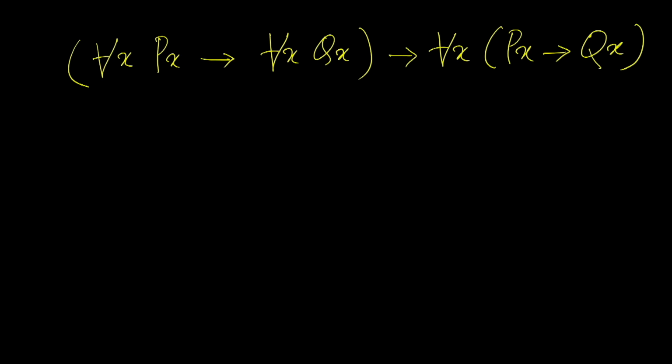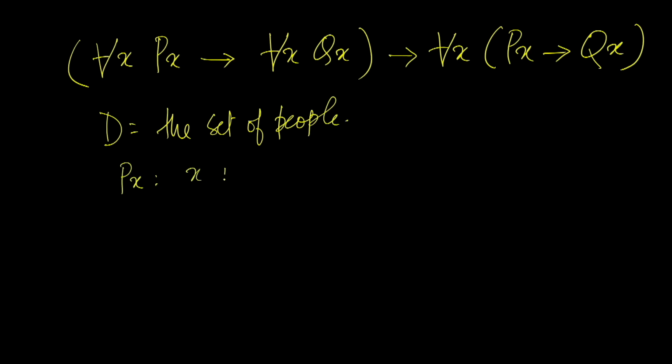That will depend on the interpretation for P and Q. Let us consider an interpretation which will make this formula false. Let us say the domain of discourse is the set of people. Let us say P of x stands for x is peaceful, and Q of x stands for x is happy.